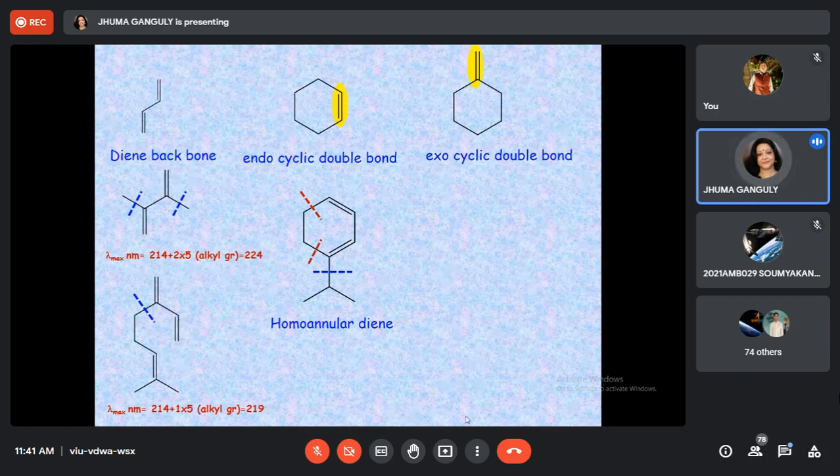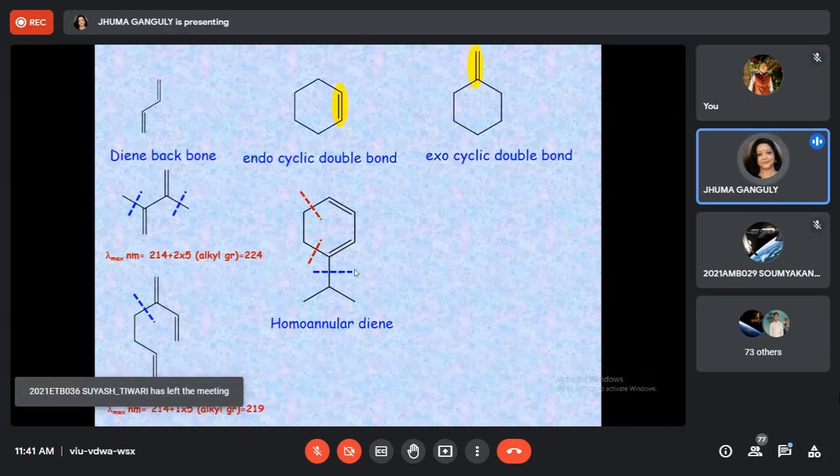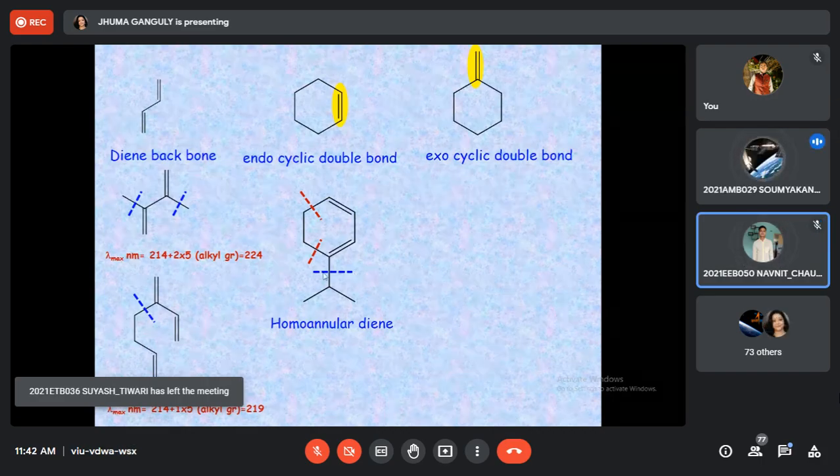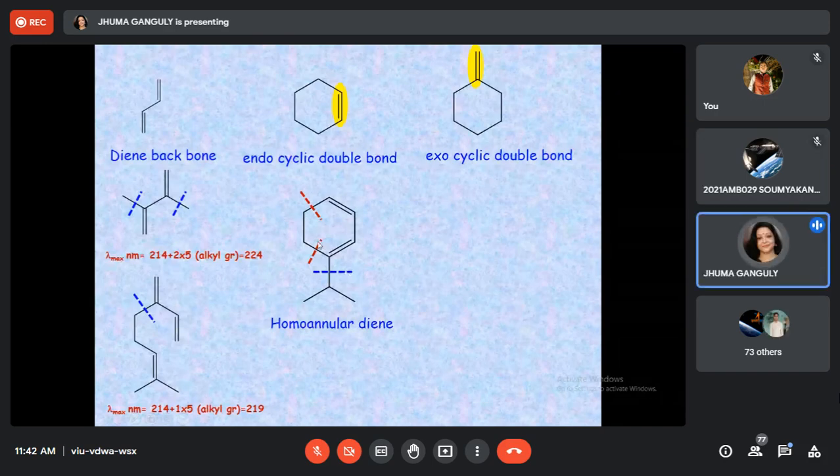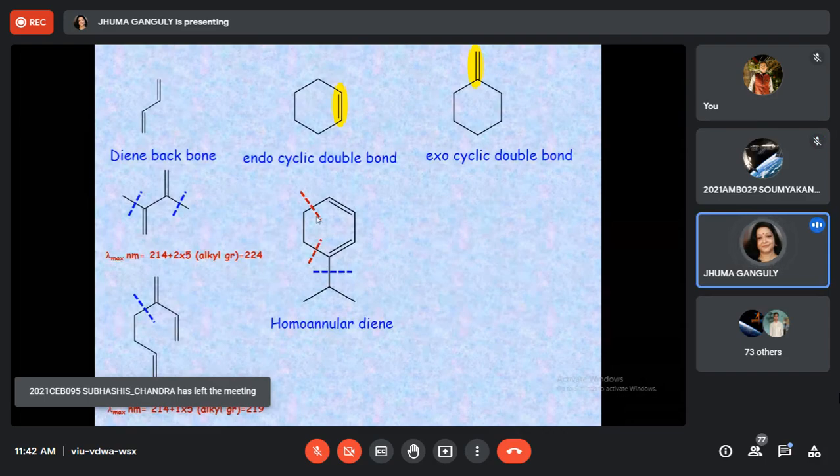Then what happened now, there is a red and blue mark. What is the meaning of the blue mark, what do you think, and what is the difference between the red and blue mark? Blue is for the alkyl group, out of conjugation with the ring. The red marks are added because they are part of the ring, known as ring residue.